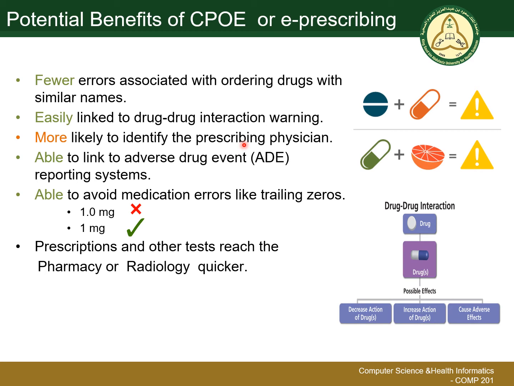Also, the system will be able to link to an adverse drug event reporting system, where we will be able to avoid adverse drug events by reporting any adverse event for a specific drug, in limited cases such as for a pregnant patient or for a patient with problems in their kidneys or heart.